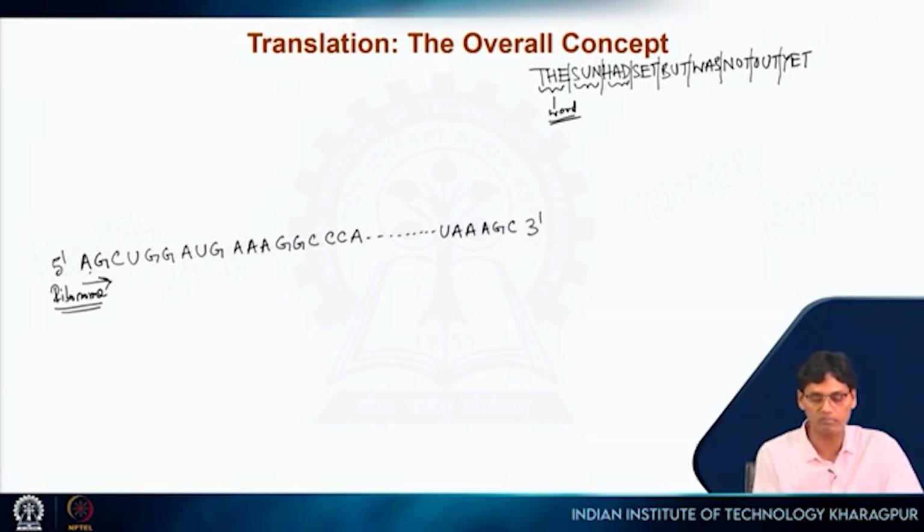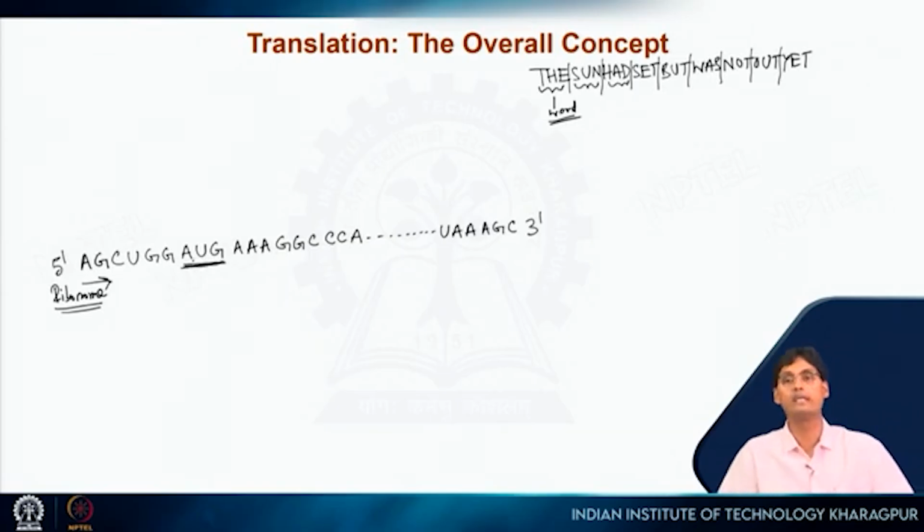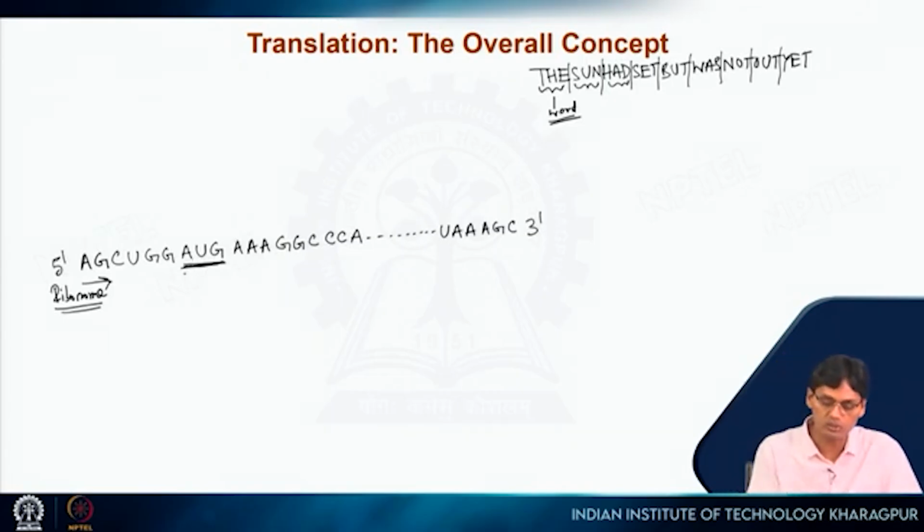If I start from the 5 prime end, it's written A, G, C, U, G, G, and then you can see this AUG. Whenever it gets this sequence AUG, from there the protein synthesis will start, and this is called the start codon. These 3 nucleotide letters together we call a codon. So this is the start codon.